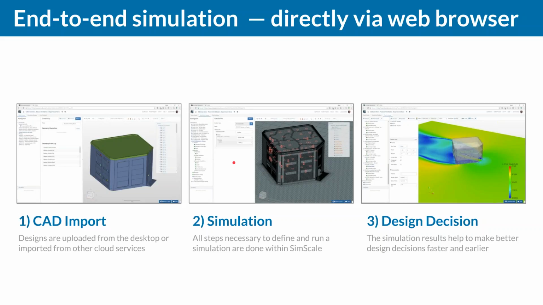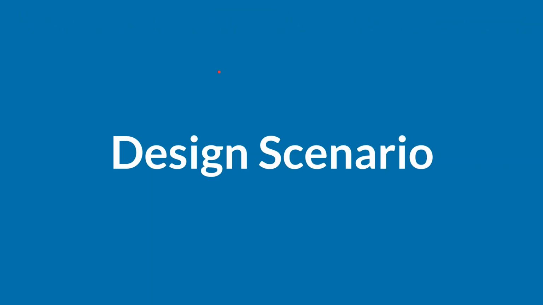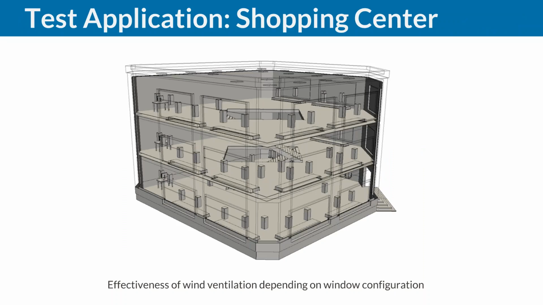All right. Now let's take a look at today's example. Today I would like to show you the results of an external natural ventilation analysis. For this purpose, we will analyze the natural ventilation process inside this building.